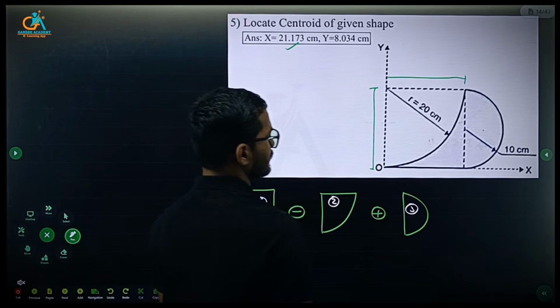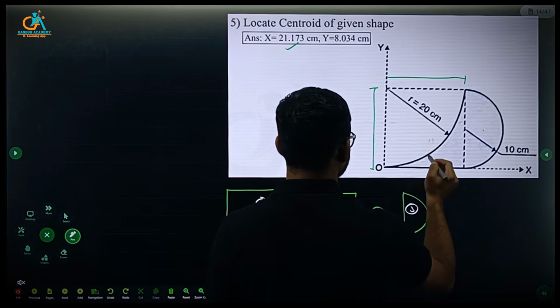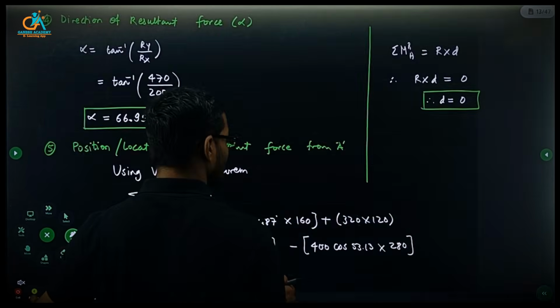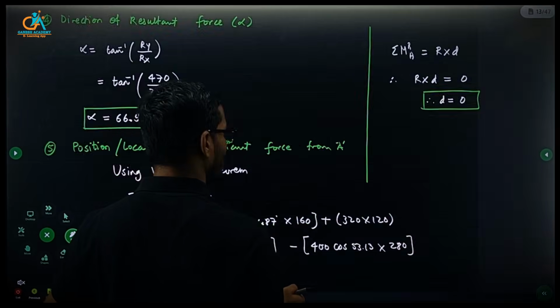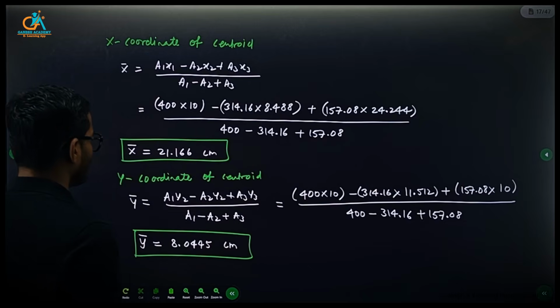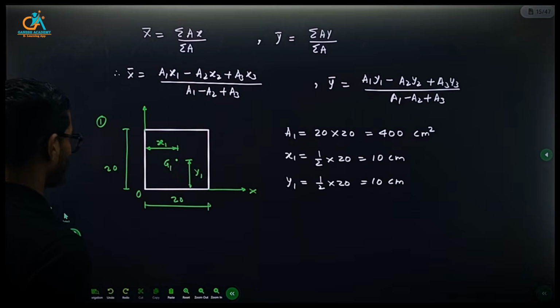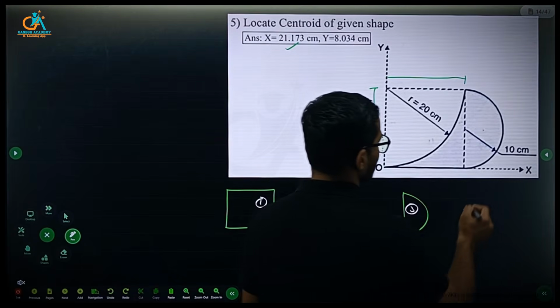Okay, so we can just locate it: x bar is 21.166 and y bar is 8.0445. So 21 point something.